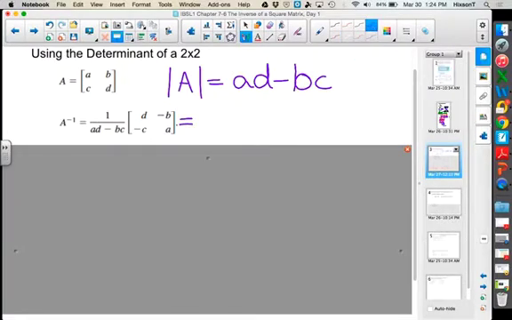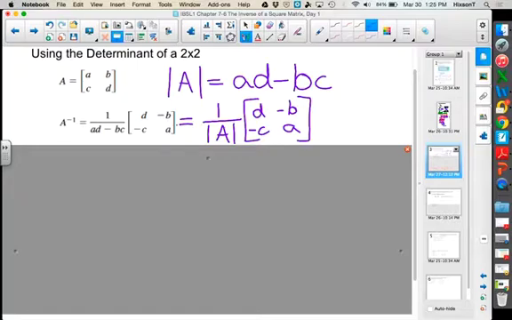All right. So really, our formula is this: 1 over the determinant times, and you'll notice I modified the original matrix. It's no longer A, B, C, D. It's now D, negative B, negative C, A. It's just a pattern that you've got to memorize.